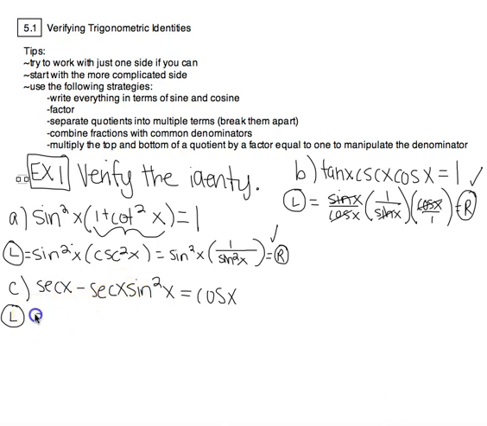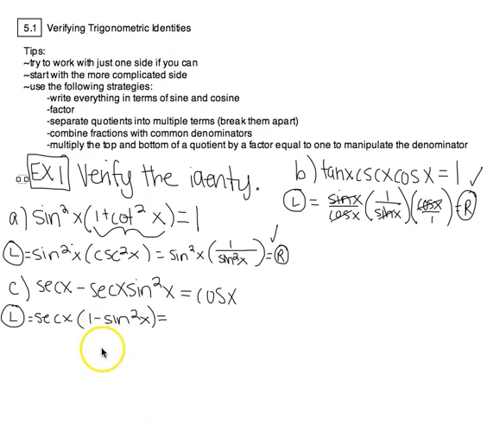And so if I factor out the secant x, I get 1 minus sine squared x. Doing that does lead me on a path where I'm going to be able to manipulate more.